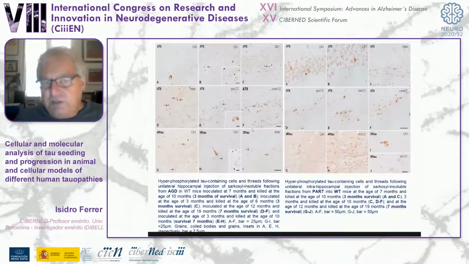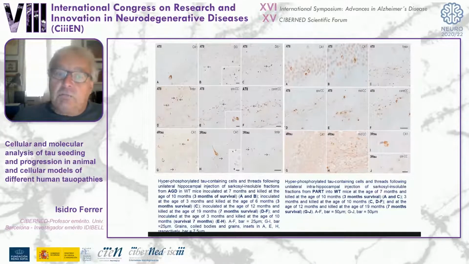So something happens when we are injecting sarcosyl-soluble fractions of different diseases, 4R and 3R, or 3R and 4R tau, the result in wild-type mice is that the new tau is maybe tau 3R or tau 4R.